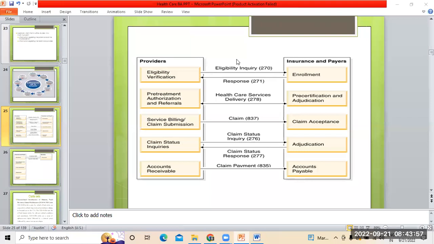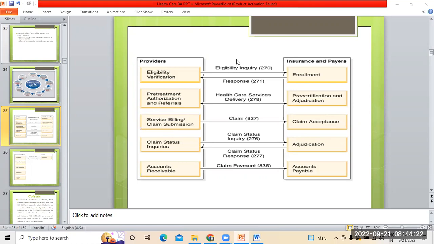The remaining procedure codes and diagnosis codes will be used by the healthcare organizations, not by the BA. When healthcare organizations are processing their claims, whatever procedure they have followed, they use procedure codes and diagnosis codes to enter the details.